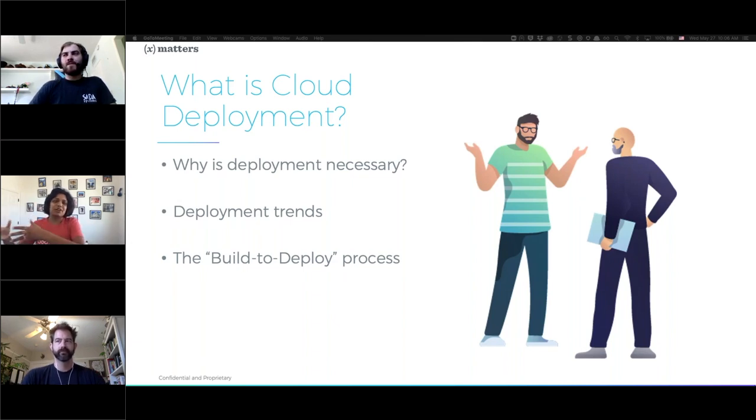I can just deploy my code. All of those changes in how cloud has evolved have a lot of role to play in how deployment trends have evolved over time.